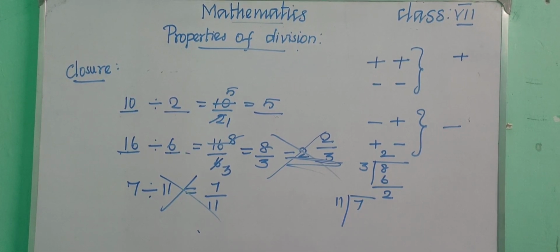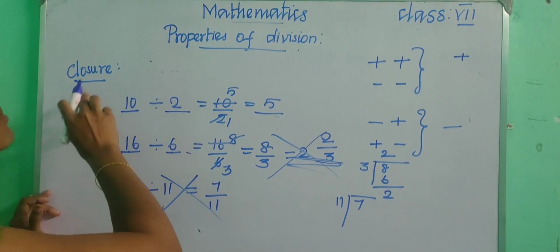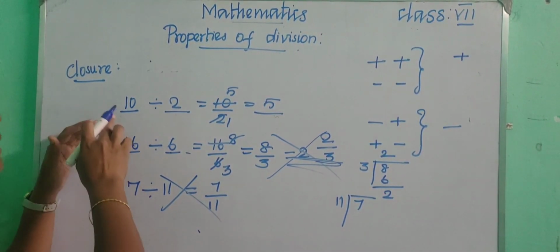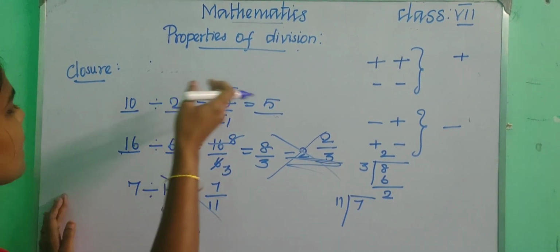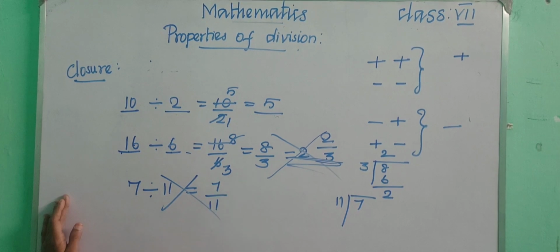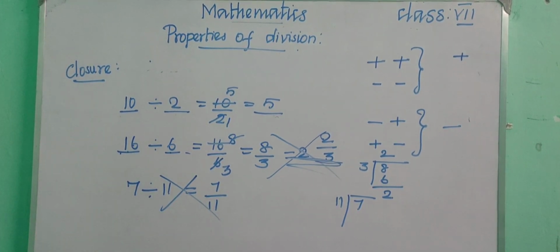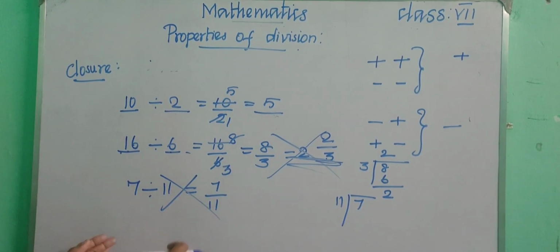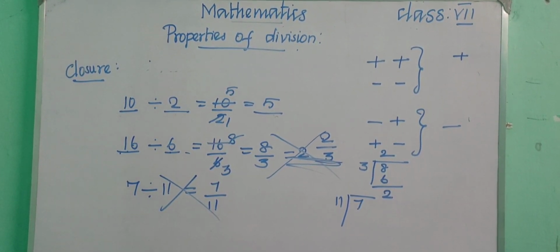If you are dividing two integers, we may get an integer or else we may get some other numbers. So we can say division of integers is not closed.